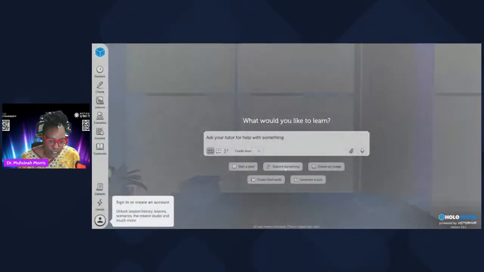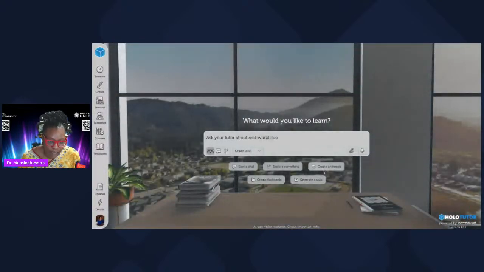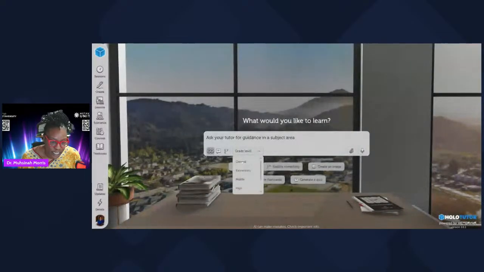It provides quizzes and flashcards for students. It'll create an image of something just like you saw me do before. But it goes from just general education levels, elementary, middle, high, undergrad, and graduate school levels.